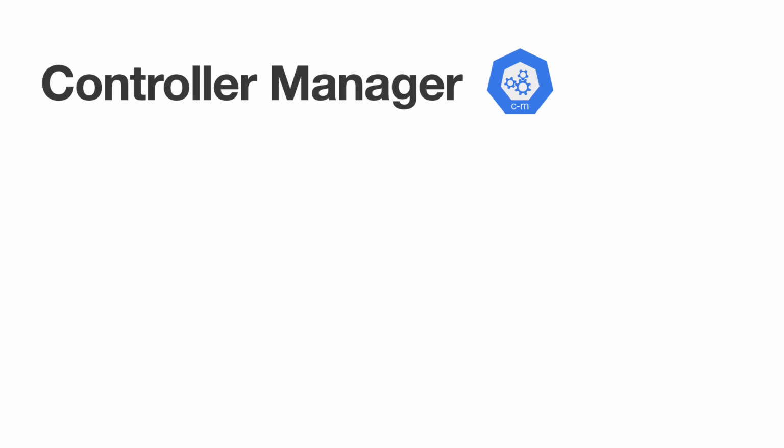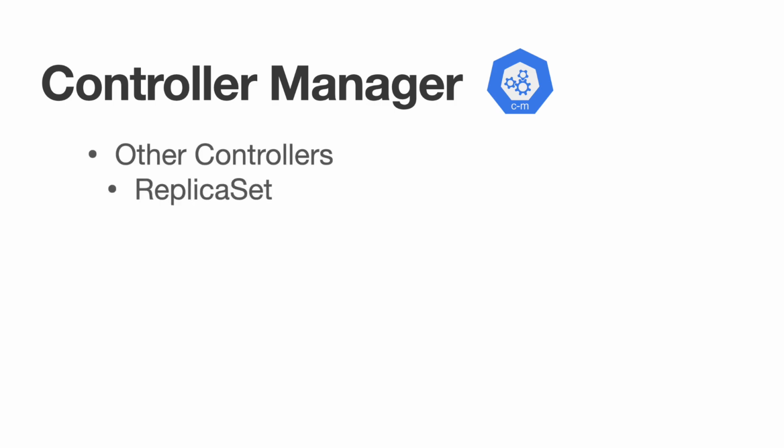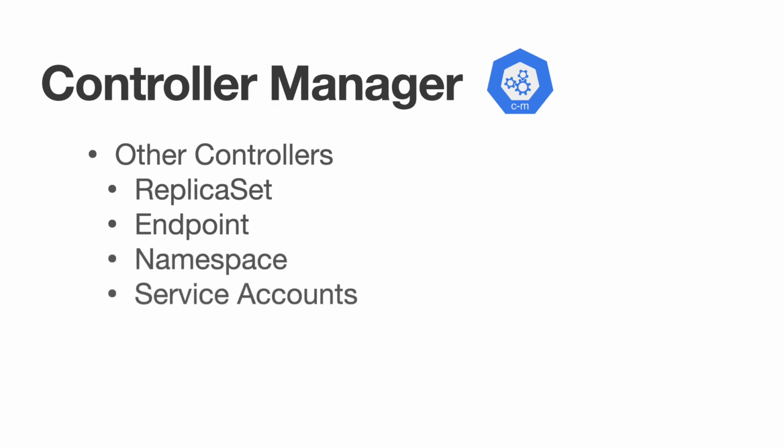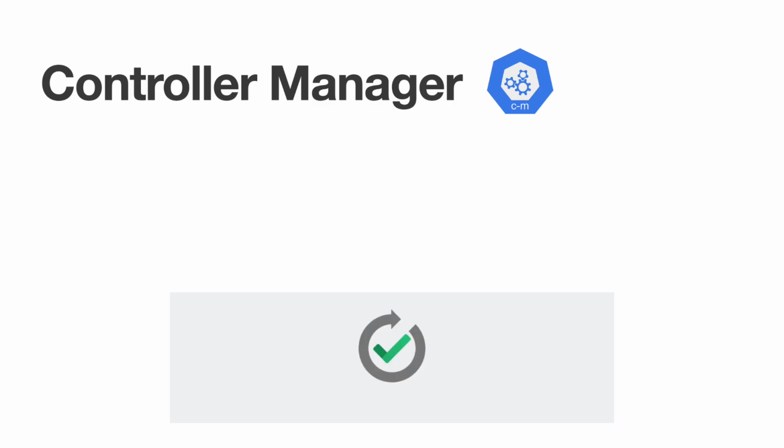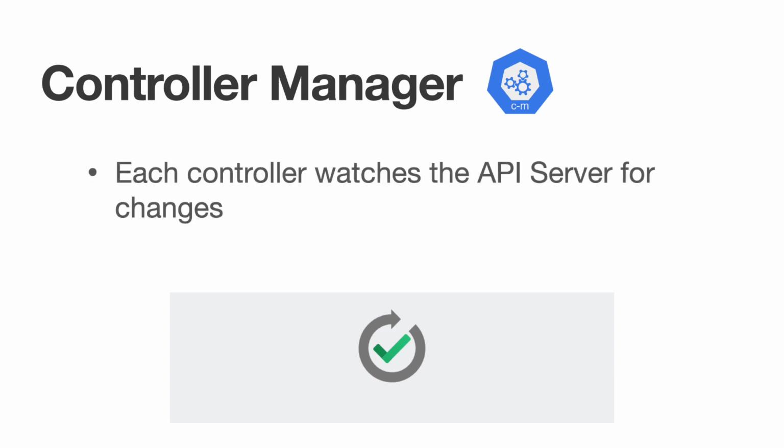We have other controllers such as the replica set, which is responsible for ensuring that we have the correct number of pods running. We have the endpoint controller, which assigns pods to services, namespace, service accounts, and others. To put it this way, what the controller manager does is simply watch the API server for changes.